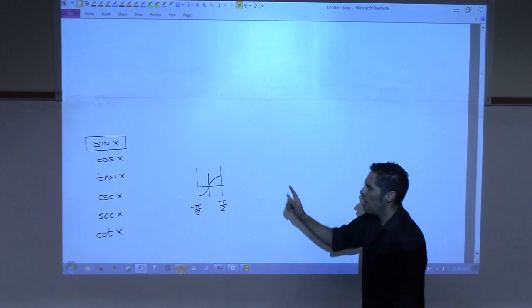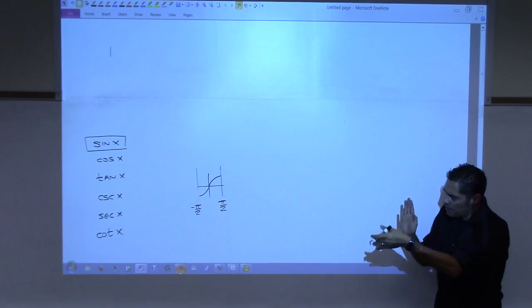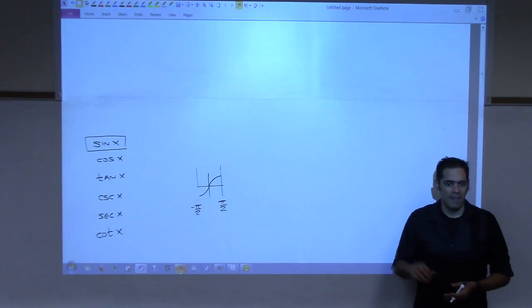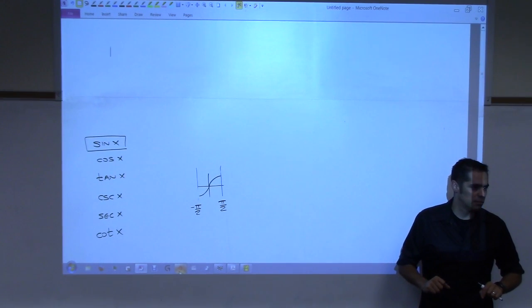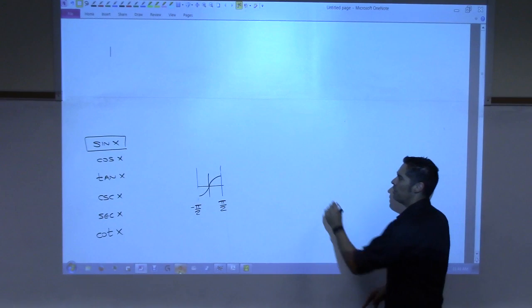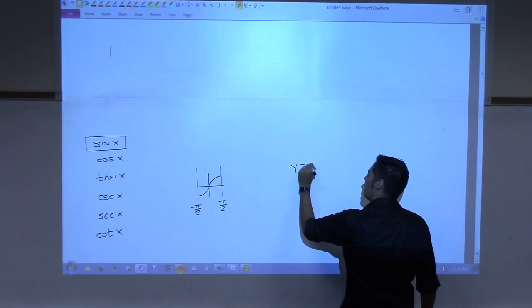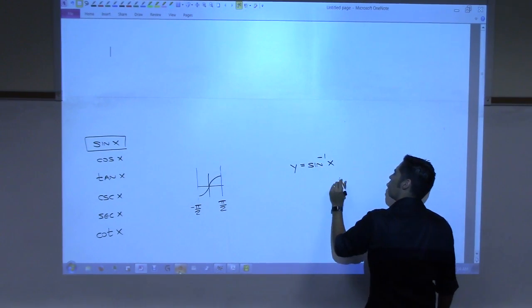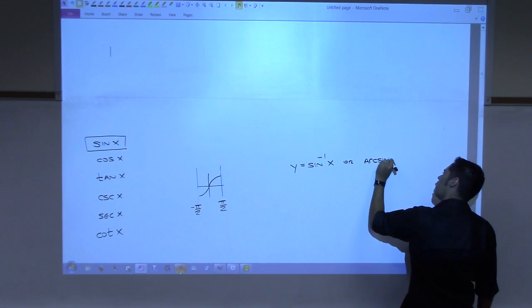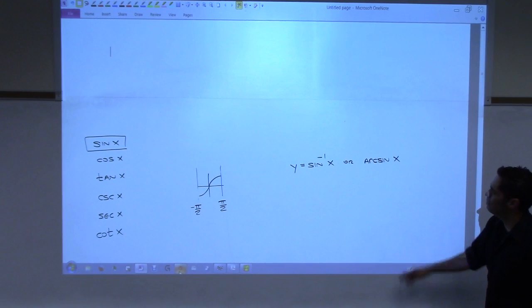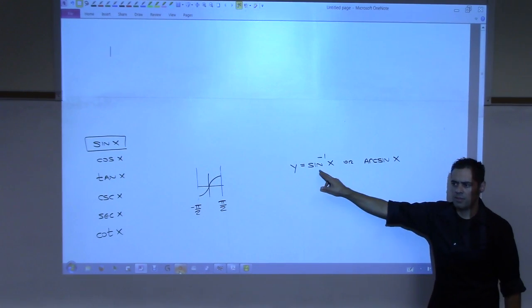So if you take the sine curve, you restrict it between -π/2 and π/2, that piece is invertible, has an inverse. And we can define that inverse function to be this, or you might have seen, depending on your instructor, arc sine or this notation.